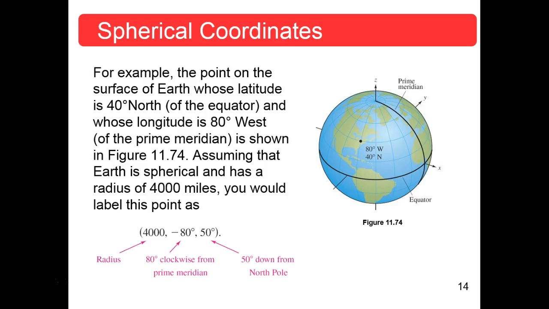So, for example, take a point on the surface of the Earth whose latitude is 40 degrees north. Here's the equator, I assume. There's 40 degrees north of the equator, and the longitude is 80 degrees west of the prime meridian. That happens to run through Greenwich, England, where the Royal Naval Observatory was, so they chose that as the prime meridian.